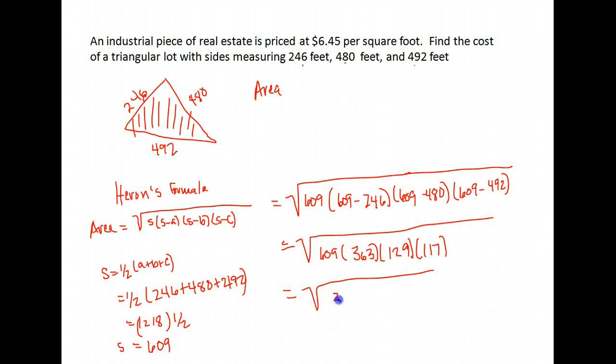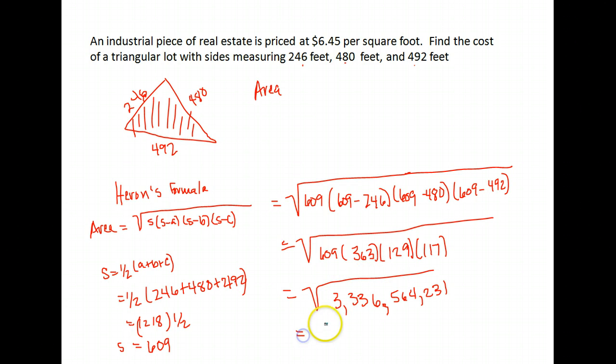That gives me the square root of 3,336,564,231, which I'm going to leave in my calculator to do the square root.